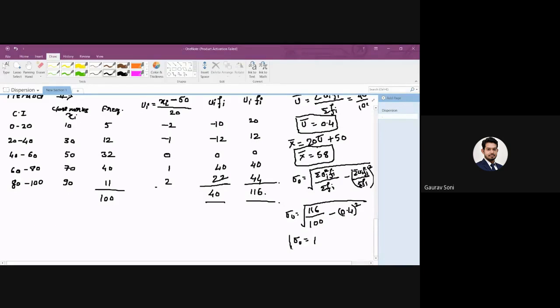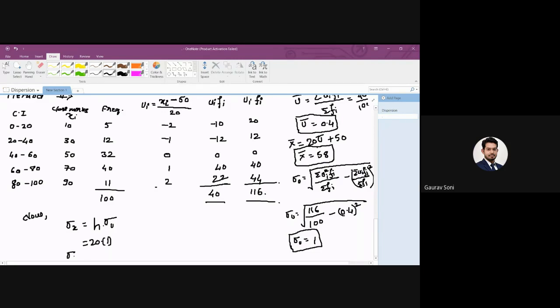Now what will be sigma x? What was the relation? h into sigma u. h is 20. So 20 into 1.